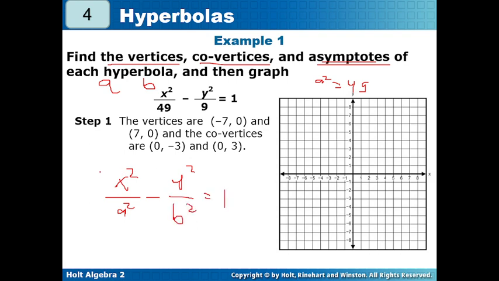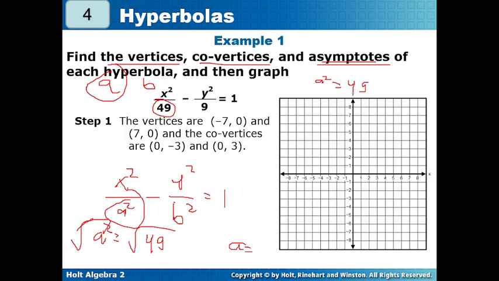If you'll notice, your a squared is 49 and the one that you only need is a, so we're going to take the square root of 49 in order to get the value of a. The square root of 49 is 7. So a is equal to 7, positive and negative 7.